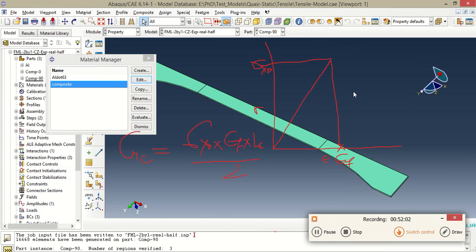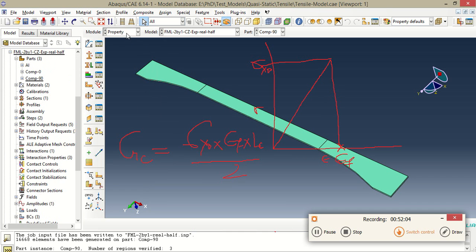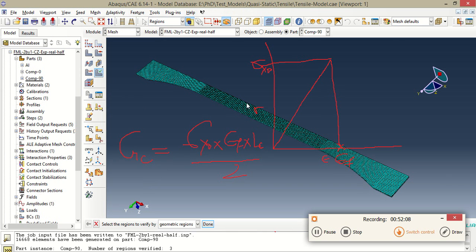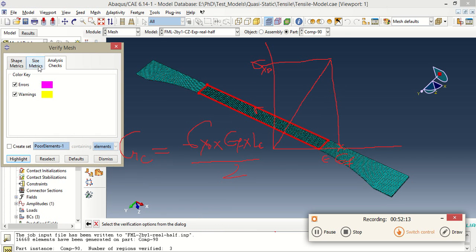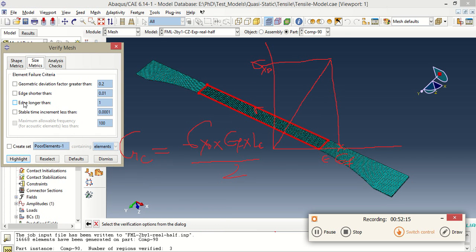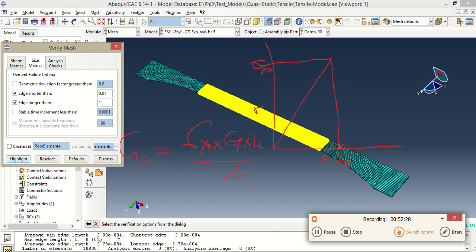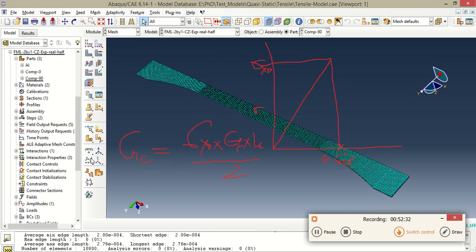Go in the mesh, check the smaller elements, check their size, edge longer than this, highlight it, and this will give you the longest edge. So just take the maximum average edge, also take the shortest edge, and you can average both of them. So an average can be obtained.